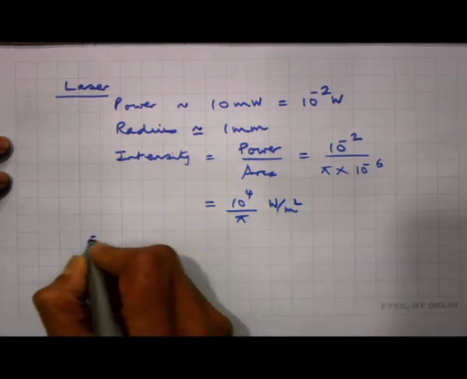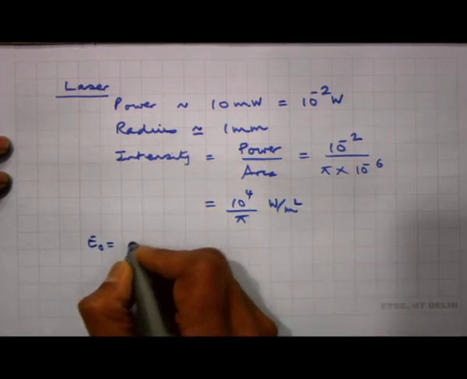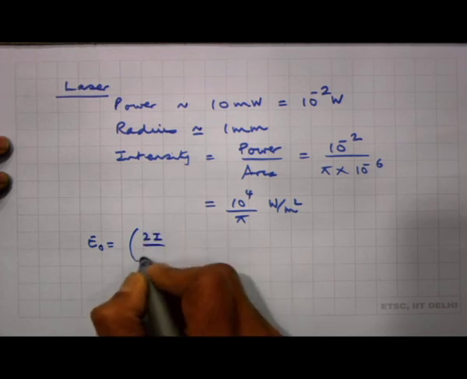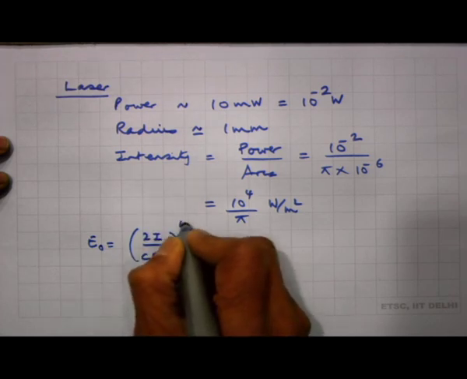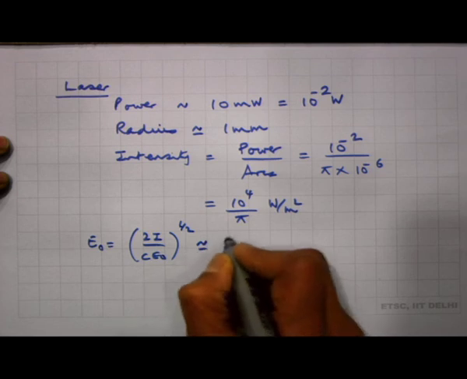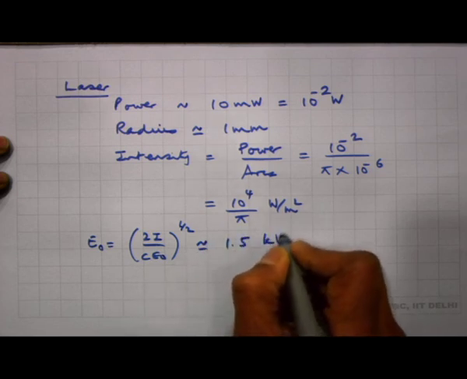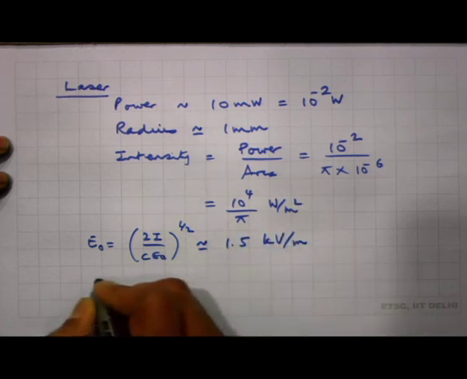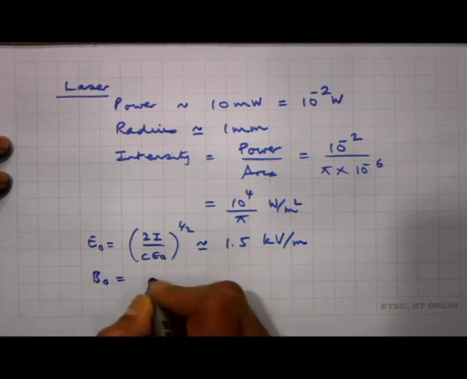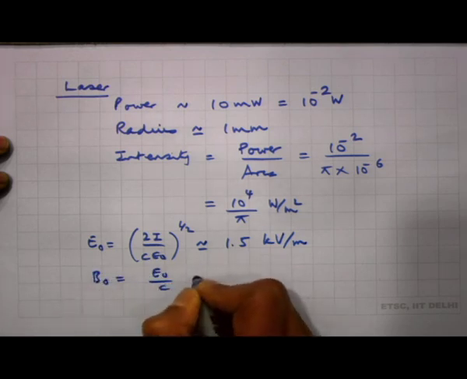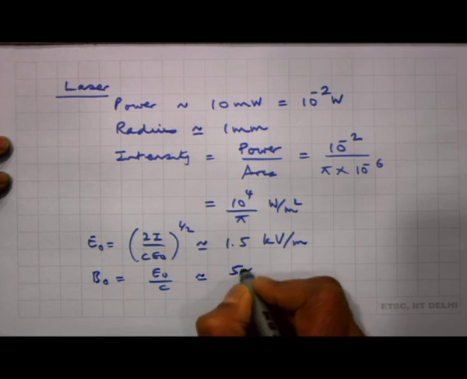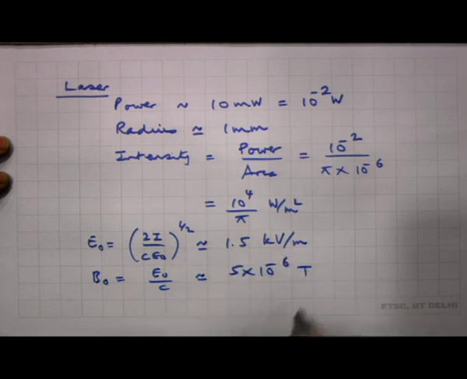and I can immediately calculate E0, which is (2I/cε0) raised to the half. That comes out to be 1.5 kilovolts per meter, and the corresponding magnetic field is E0 by c, that comes out to be 5 × 10^-6 Tesla.